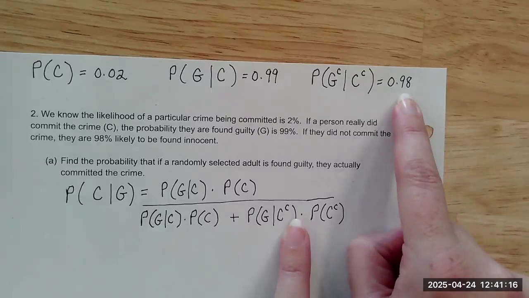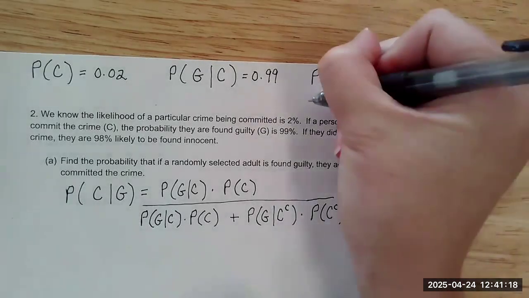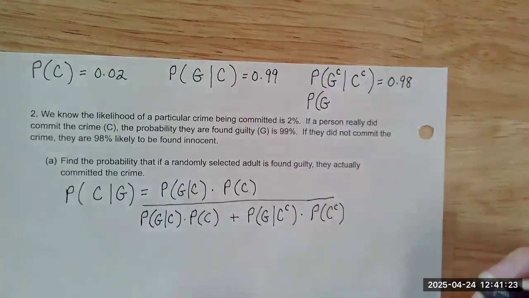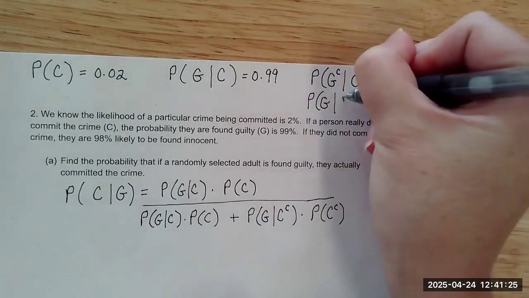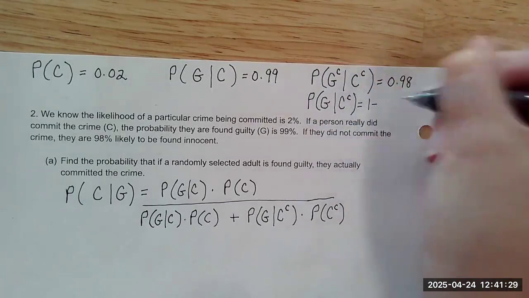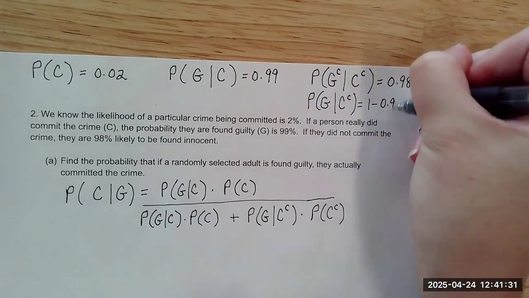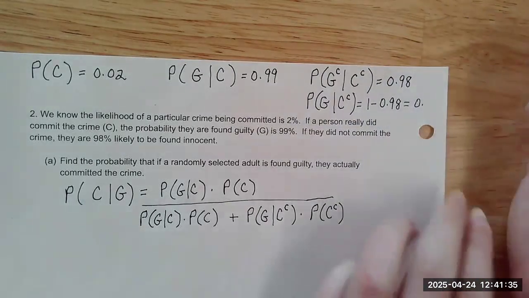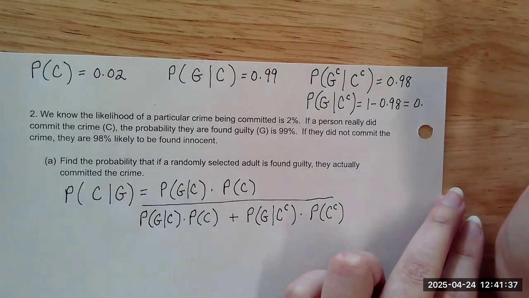So we're going to do 1 minus that. So I'm going to write that right here. Probability of just guilty given C complement should be 1 minus 0.98, which is 0.02.